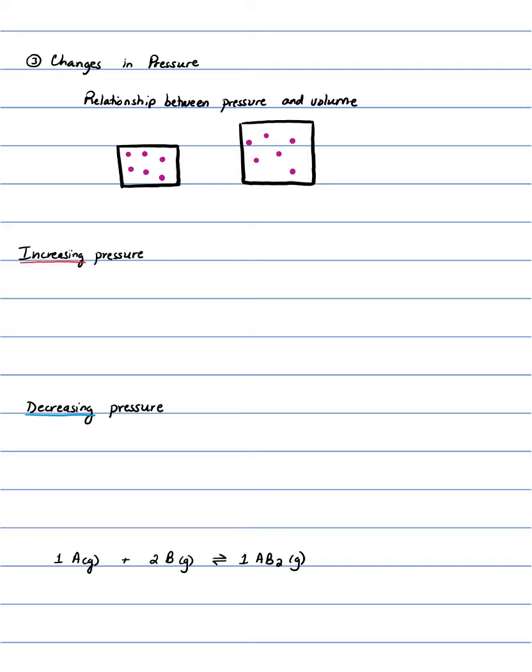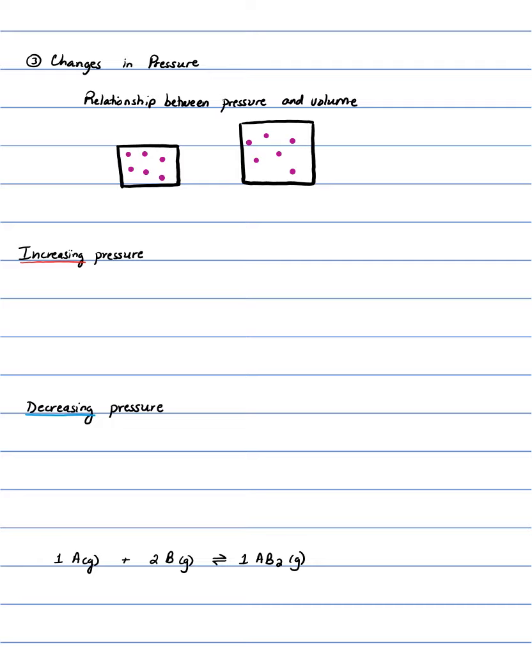When you're looking at the boxes that I have here, you have the same type of particle, the dots are the same color, and you have the same amount in both boxes. So I have 6 dots in each one, they're the same color, so we can assume that you have the same type of substance and the same amount.